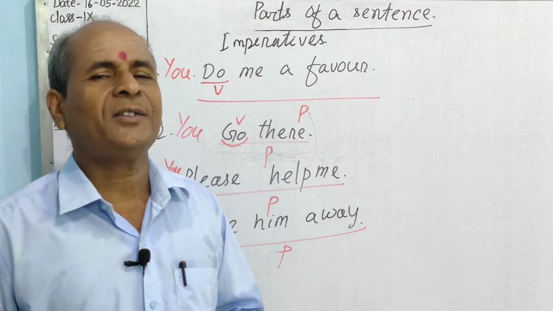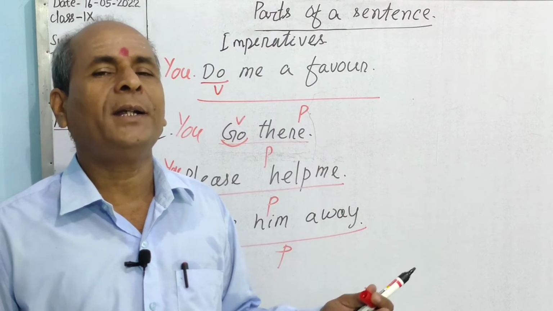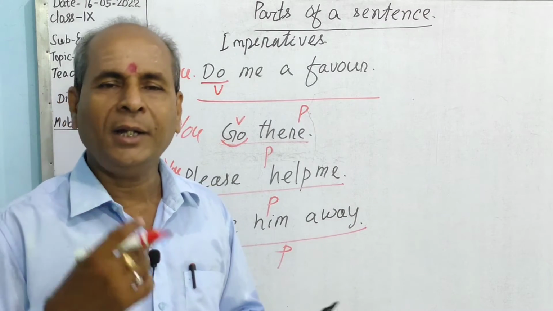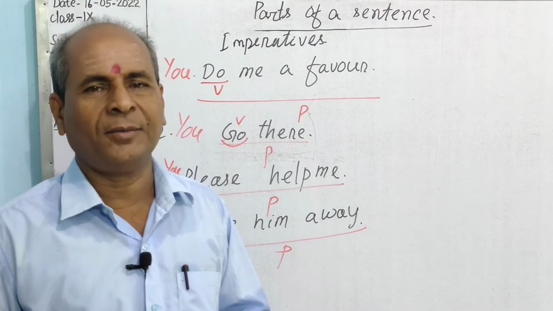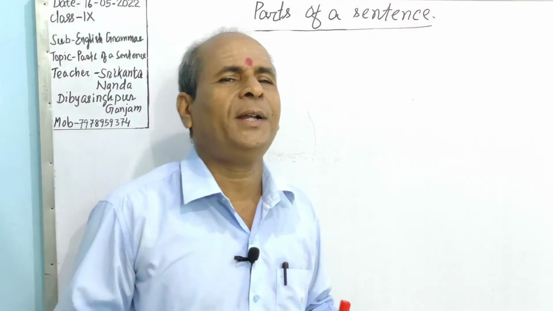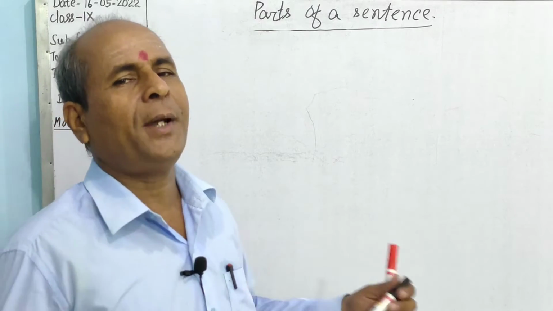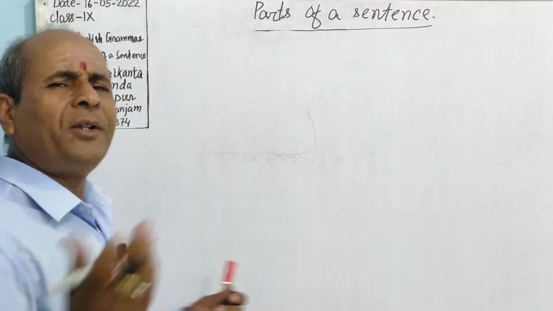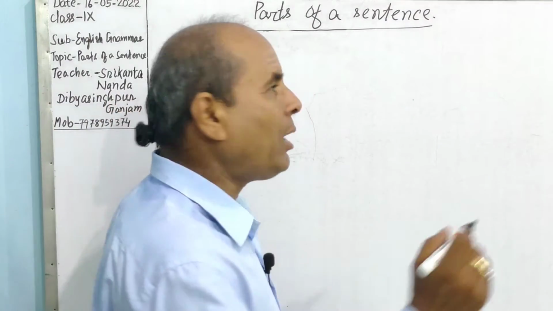So let's discuss how we can identify the subject and predicate in exclamatory sentences. So we can take some example. So what is the exclamatory sentence?